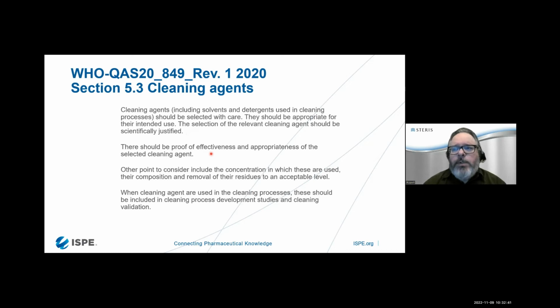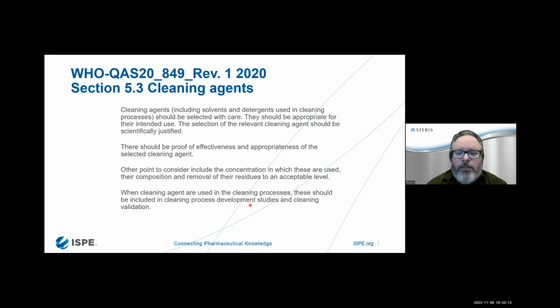There should be some proof of effectiveness of the cleaning agent, and points to consider would be what concentrations are used, as well as the composition and removal of that residue to an acceptable level. And lastly, the cleaning agents used in the cleaning process should be included in the cleaning process development studies and cleaning validation.